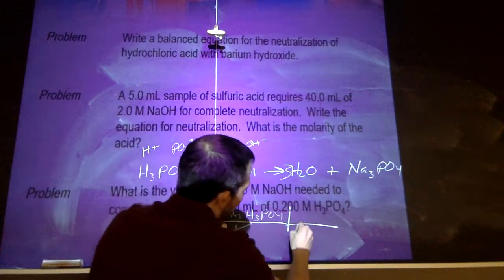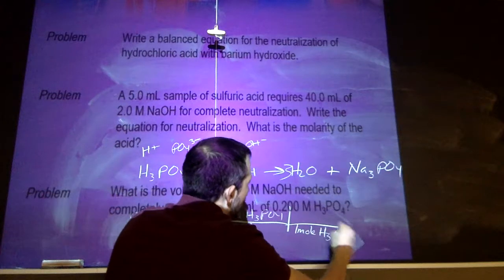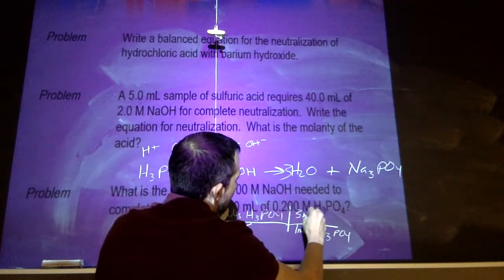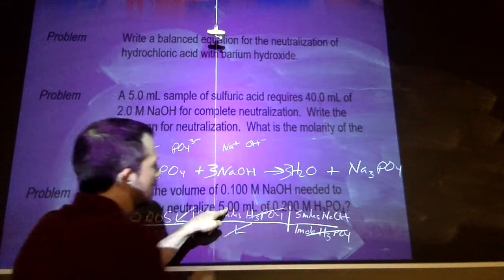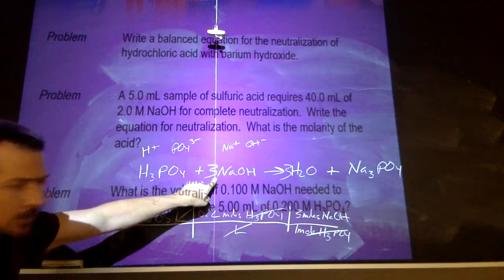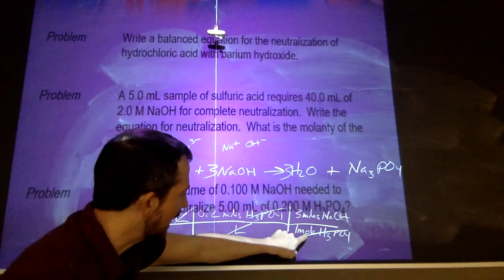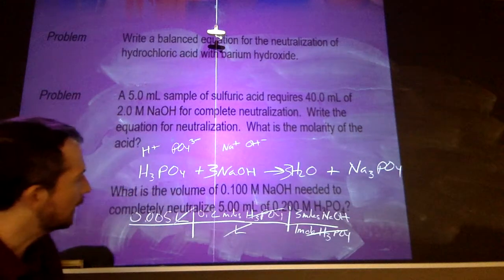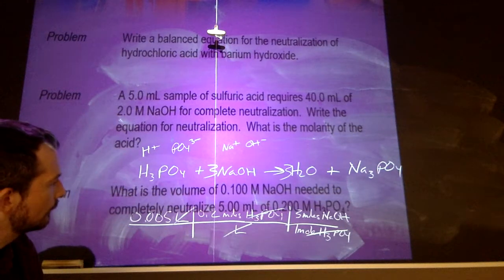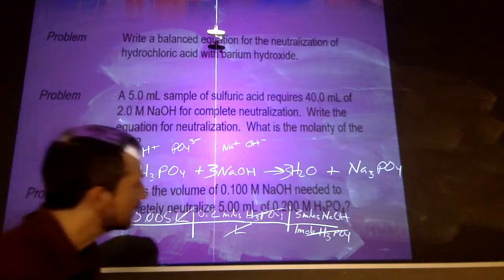Moles of phosphoric acid on the bottom, so they cancel, and 3 moles of sodium hydroxide on top. So now that gives me the moles of sodium hydroxide.